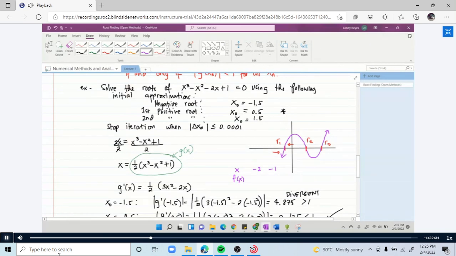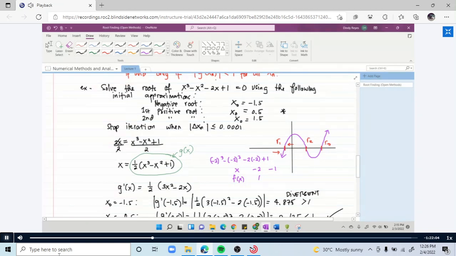Magiging negative 2 cubed minus 2 times negative 2 squared minus 2 times negative 2 plus 1. Diba? Anong value niyan? Ito ay negative 8 minus 4. So, negative 8 minus 4 is negative 4. Tapos plus 4, 0. Tapos plus 1, ang value ng function ko ay 1.